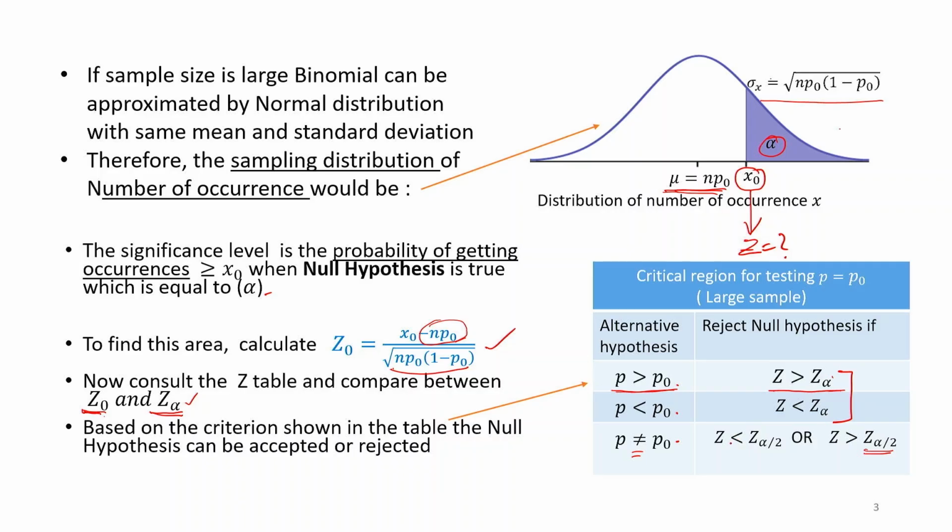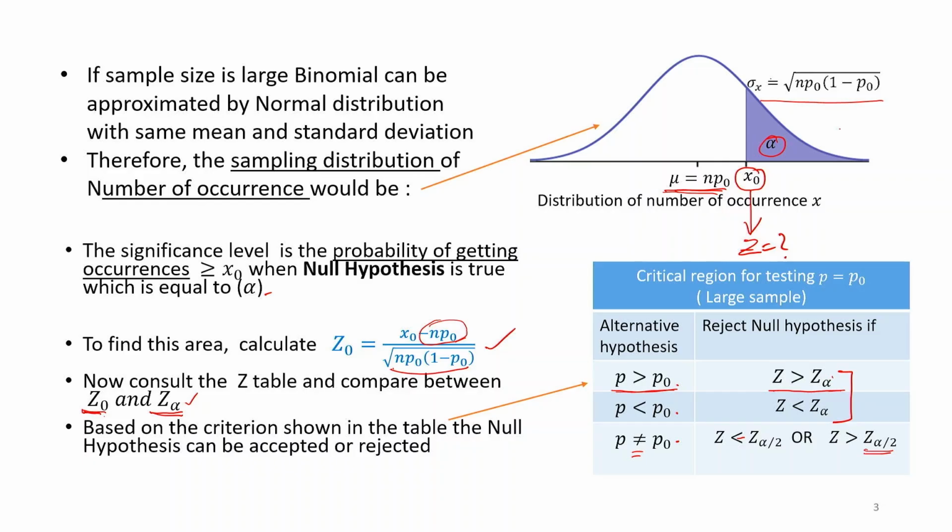Z alpha by 2, this is on the positive side, this is on the negative side, this is minus. So these are the three different rejection criteria, and the moment I get the calculated Z more than Z alpha, we say reject the null hypothesis.